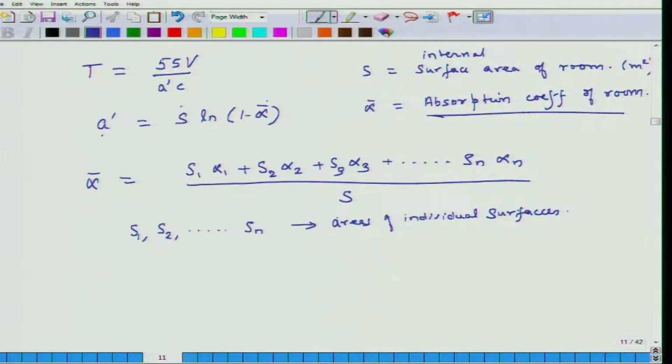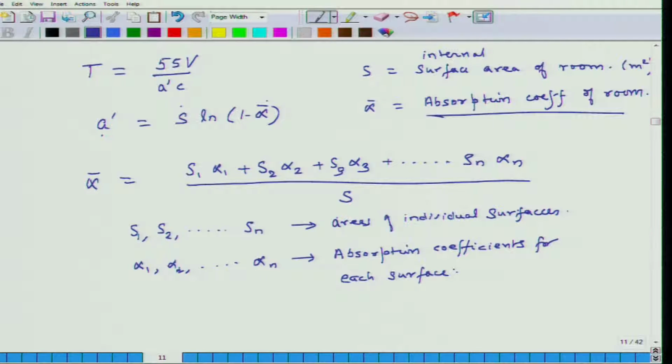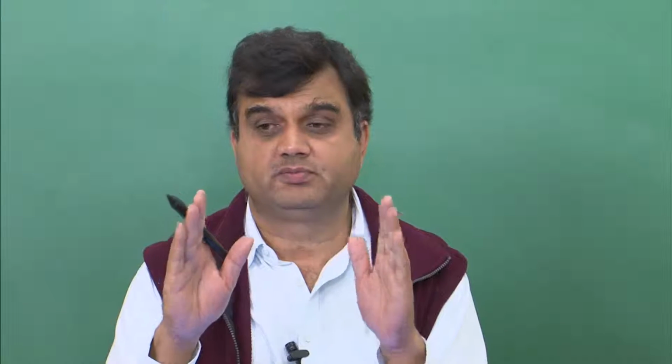And then what I do is I find out alpha 1, alpha 2, up to alpha n. What are these alphas? These are absorption coefficients for each surface. Okay. So you have to identify each surface in a way that the material of that surface has to be the same.